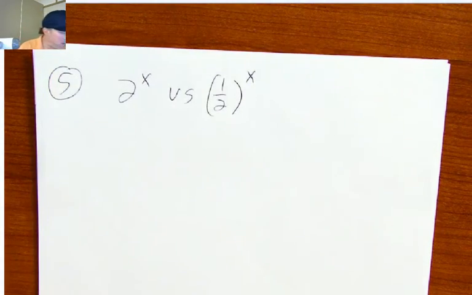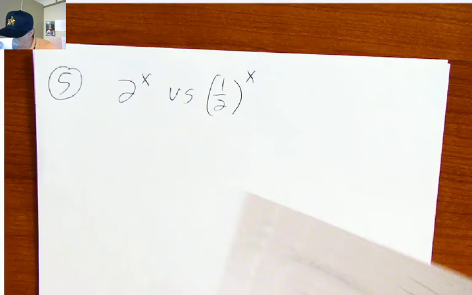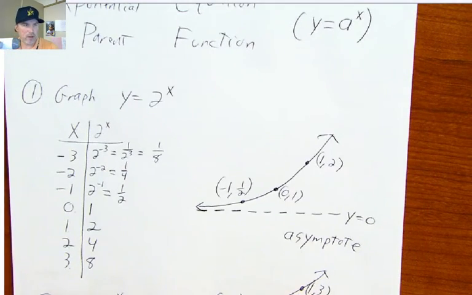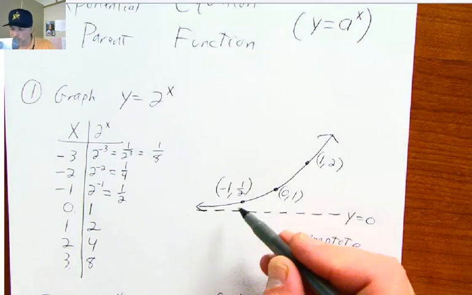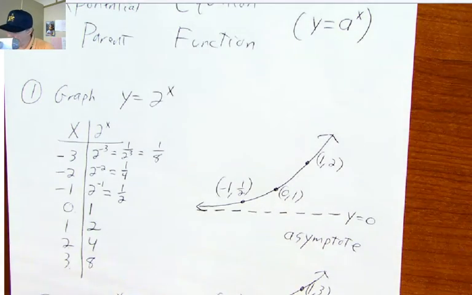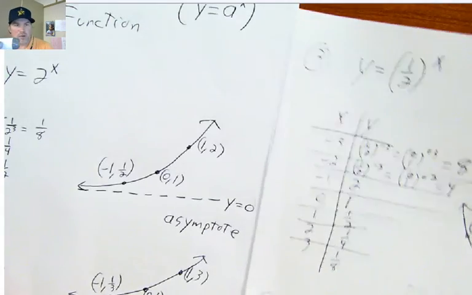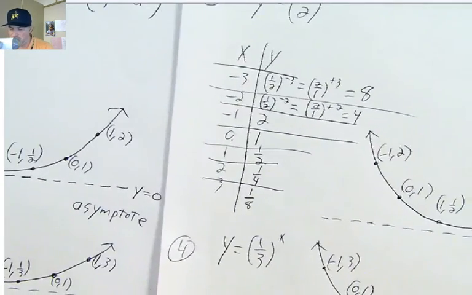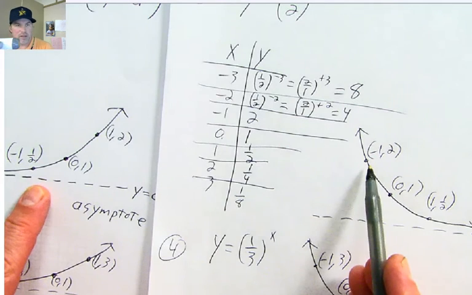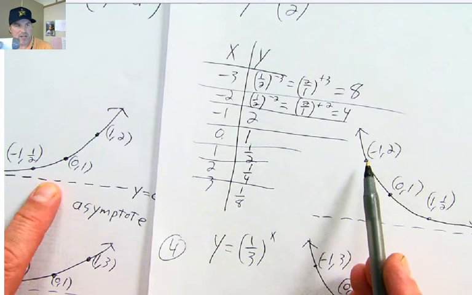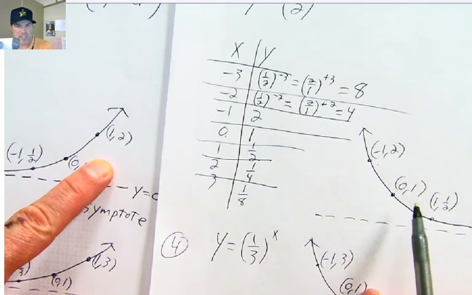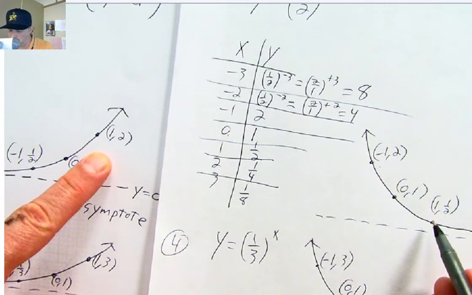Well, if we compare our two graphs, our 2 to the x was the growth with these 3 key points. Our y equals 1/2 to the x was the decay, and the points are just getting flipped around. So instead of -1, 1/2, it's -1, 2. Instead of 1, 2, it's 1, 1/2.